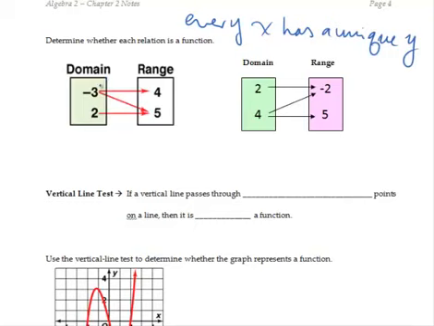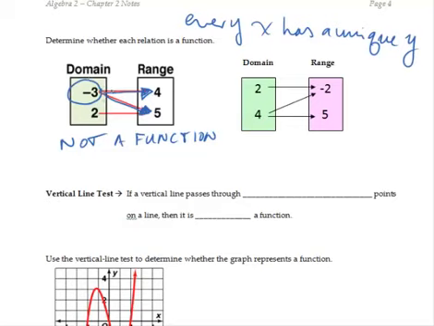So looking at this x value here, think about the -3. He's going to a 4, but wait a second, then he splits and he goes to a 5. So he doesn't have a unique y value. He's splitting. So this one, not a function.